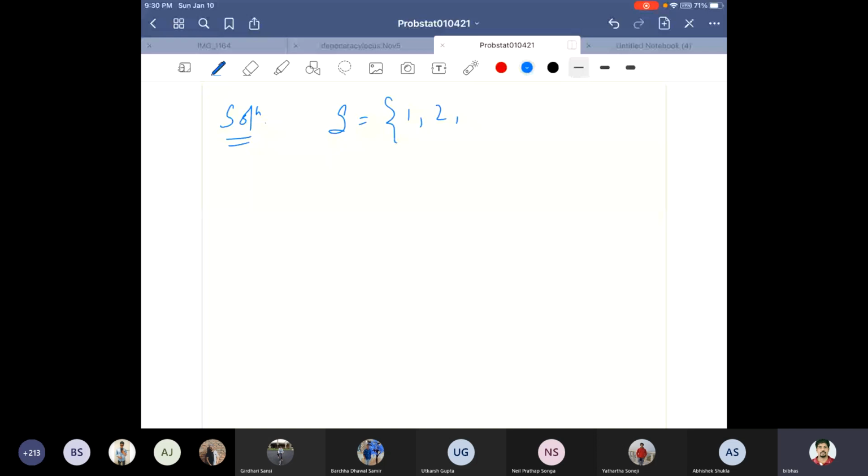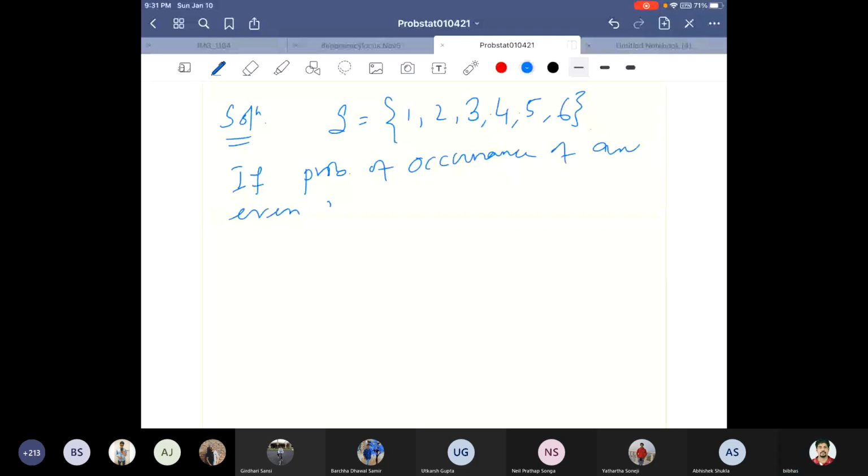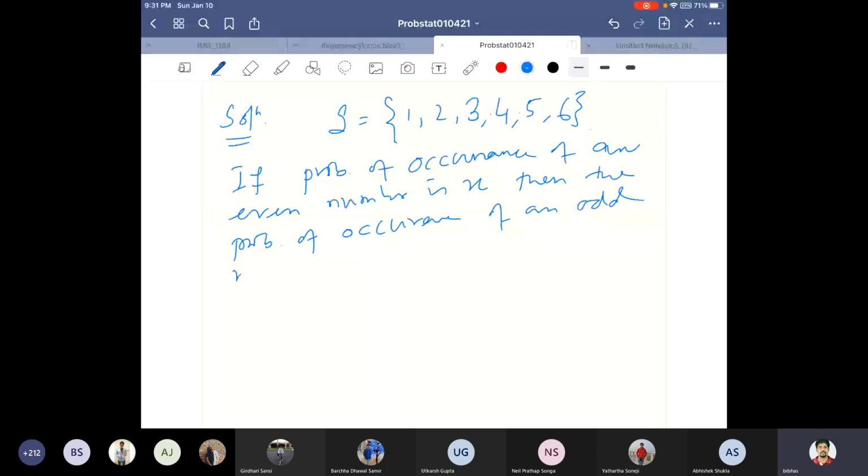And what is given is, let's say, if the probability of occurrence of an even number is x, then the probability of occurrence of an odd number is 2x.